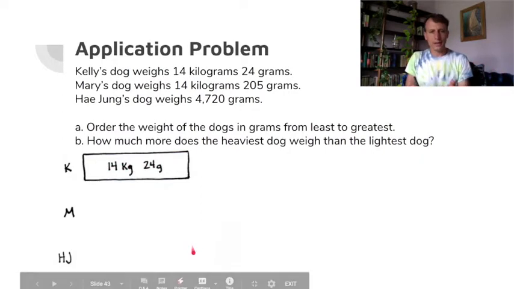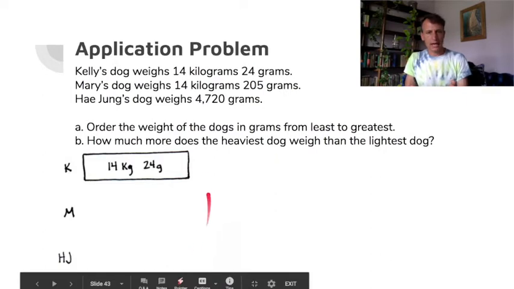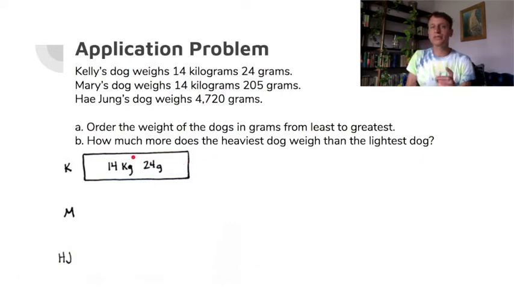Now, what would that be as a number all in grams? Well, remember that the kilo means 1,000. A neat little way of looking at it here is 14 kilograms is 14,000 grams. So it's 14,000 grams and another 24 grams. Now, you want to avoid the mistake of saying 14,240, right?